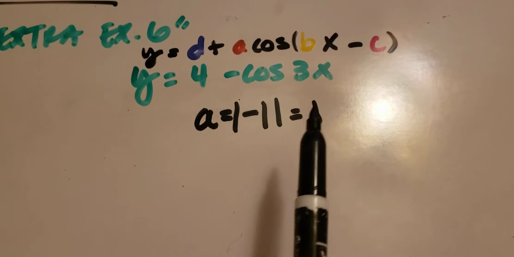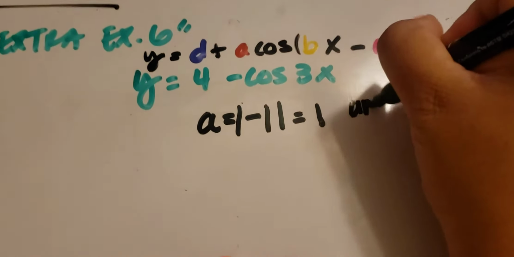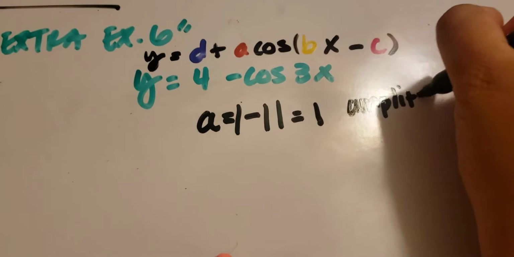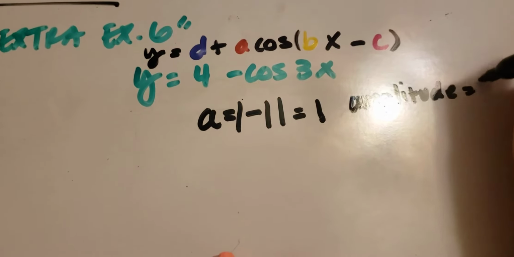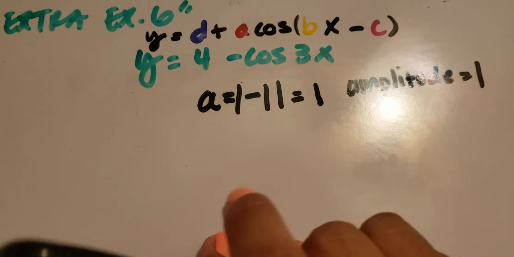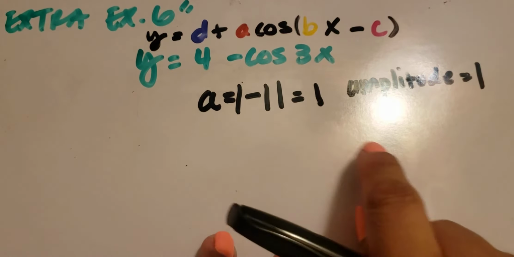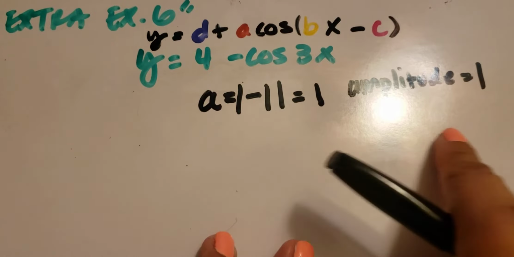Just remember that the amplitude is still 1. In the past, we didn't have a vertical shift, so the range was always the same, but ignore that for now.